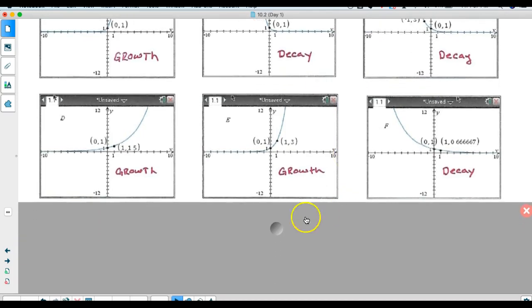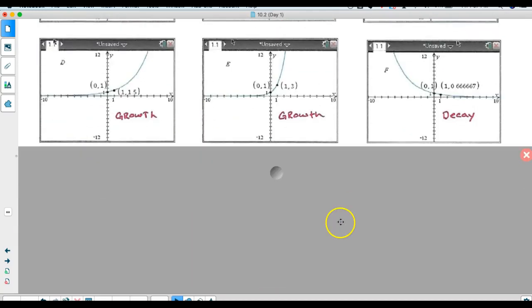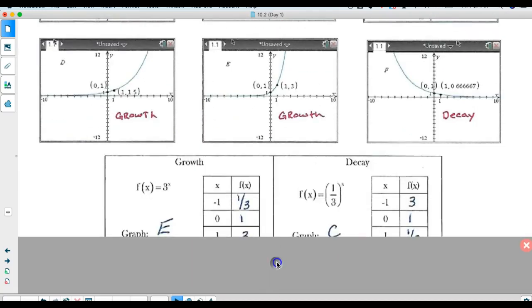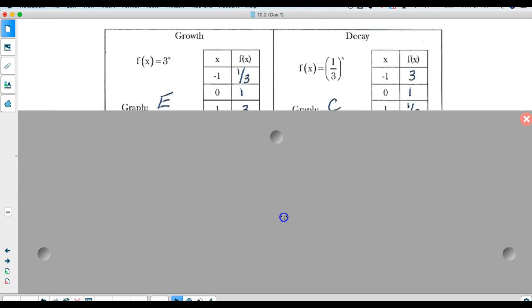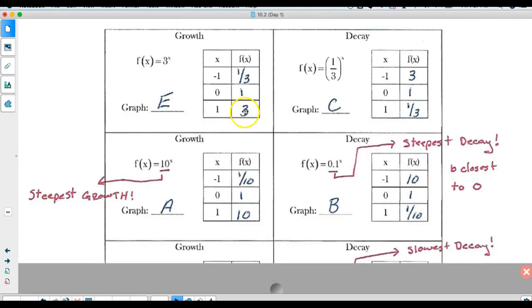So there's my graphs, and when I'm looking at my growth functions, this one grows really fast, this is the slowest growing, and this is my medium growing. If I think of large, medium, and small fry in terms of growth, we are looking at these growth functions now.